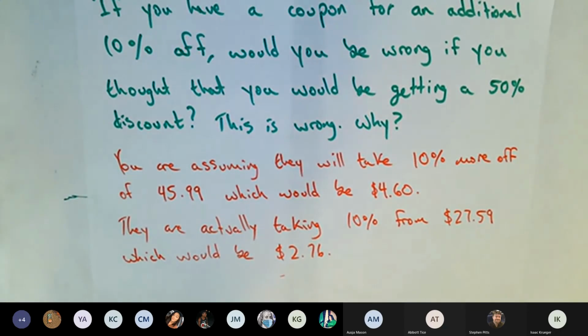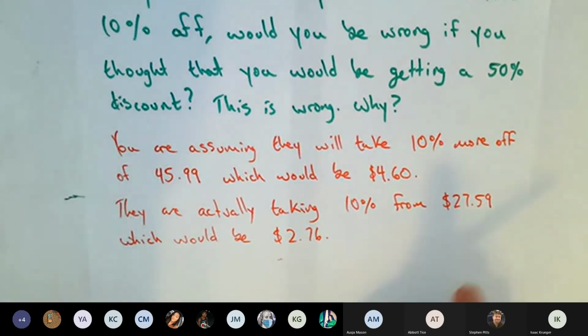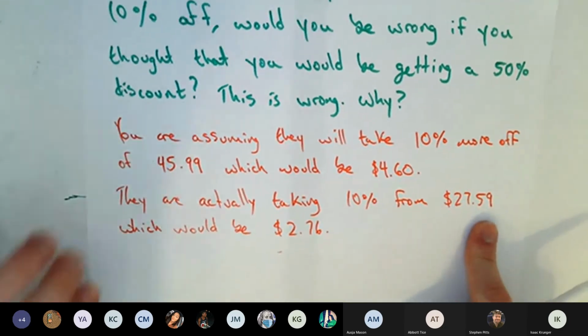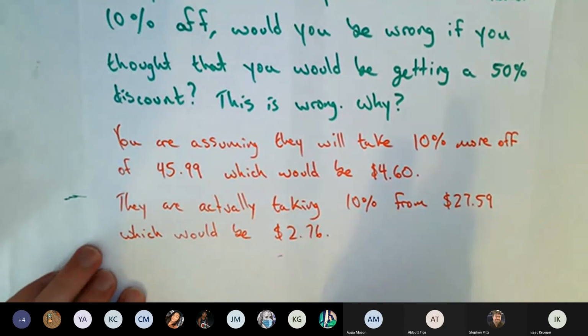So what would you actually end up paying here? What would you actually end up paying if you had the 40% off, which would give you this $27.59, and an additional 10% off? You would subtract these two.